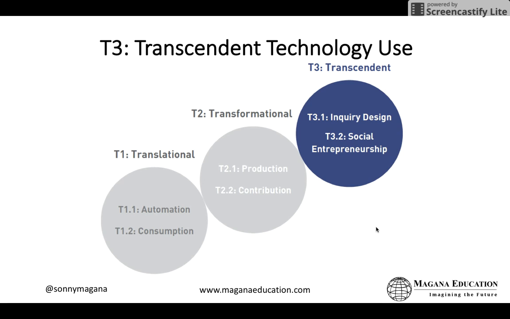The final stage is transcendent technology use, and this goes above and beyond the normal known range of experiences and expectations with technology. There are two phases to the transcendent technology use category: inquiry design and social entrepreneurship. In inquiry design, students wrestle with, identify, and investigate a wicked problem that matters to them.